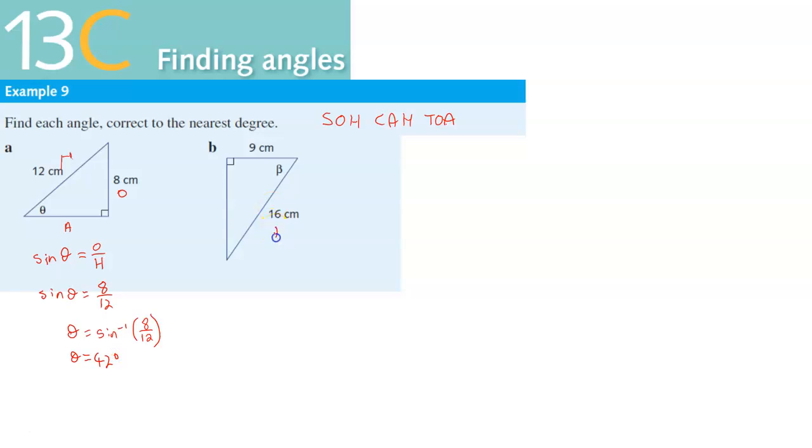Label the sides. Hypotenuse is always first. This is my reference angle, so this is adjacent, this is opposite, we're not bothered about that. I'm interested in adjacent and hypotenuse, so I'm going to be using cos. So I write down my cos statement. This is beta equals A over H. Actually, my statement is normally cos theta, isn't it? Then I substitute in the values I know.